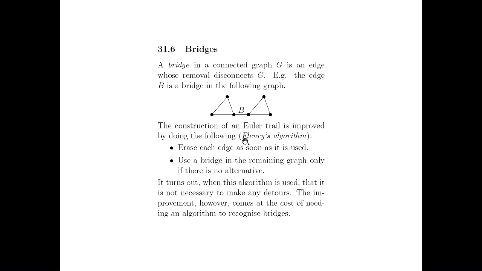There is this last thing, which is, well, I disagree with the notes very slightly here. There's something called Fleury's algorithm, which says that you do something similar to our detour algorithm for finding a closed Euler trail, but avoid using bridges until you're absolutely forced to.